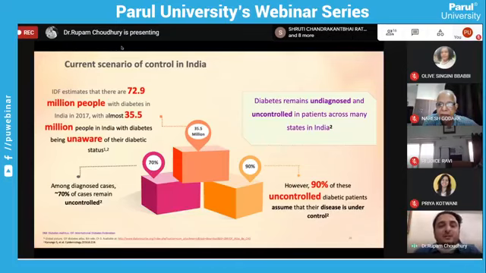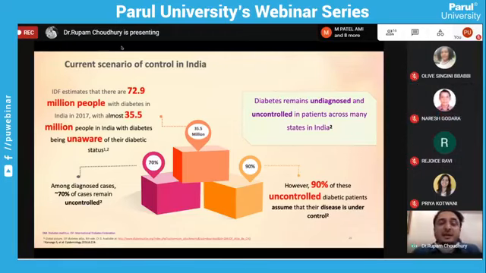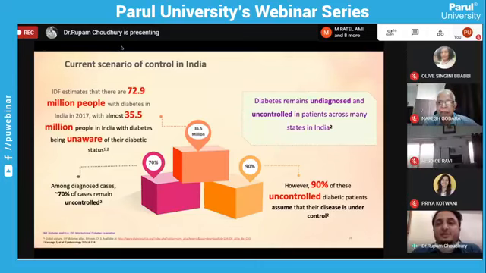They think, I don't need to consult my doctor, nor do I need to follow the diet and exercise modules that have been prescribed. So to mitigate those misconceptions amongst patients, we will have to work more towards awareness of not only diabetes but diabetes-related complications, which are actually preventable if patients are really aware of the condition they might land up in if sugars are not under control.